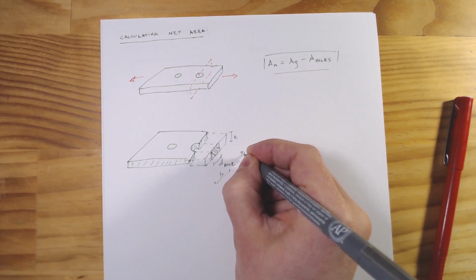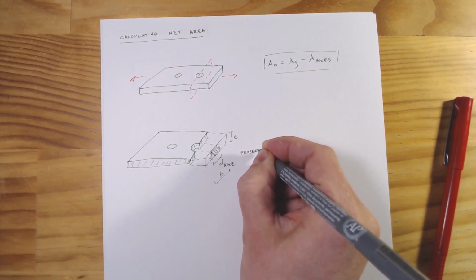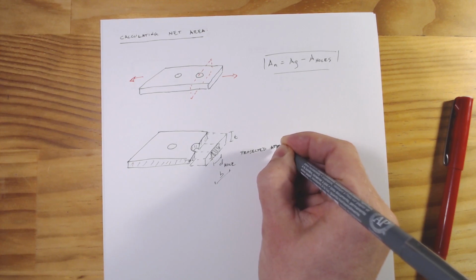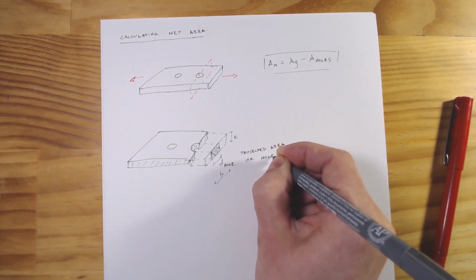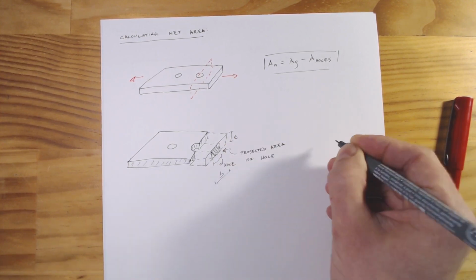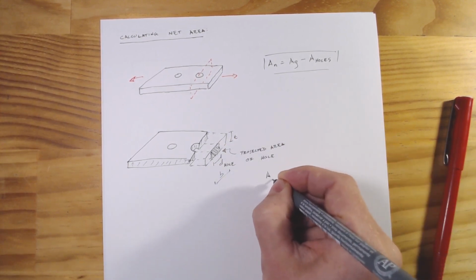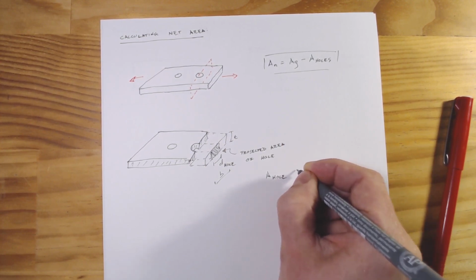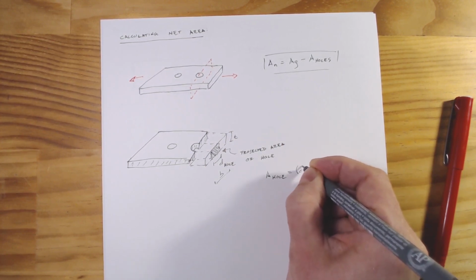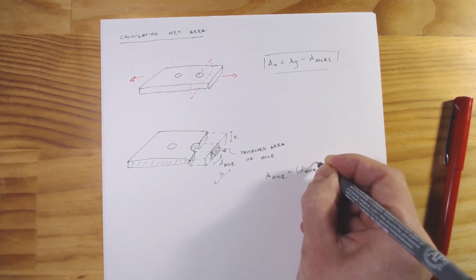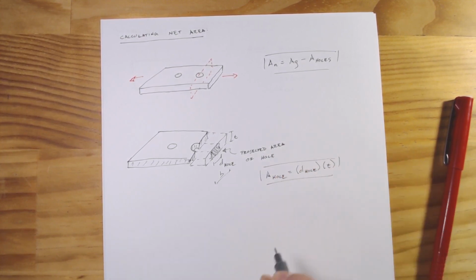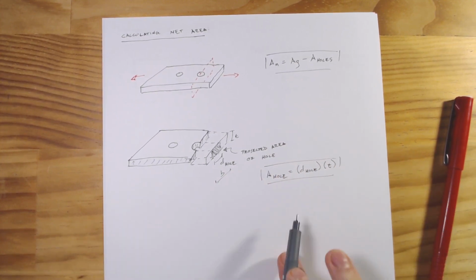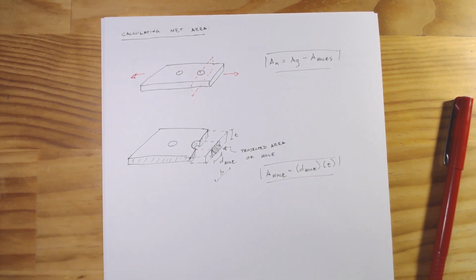So this is going to be the projected area of the hole, and the area of the hole equals the diameter of the hole times the thickness of the plate. If we've got more than one hole in a line, it's just times the number of holes. Or if we've got different size holes, we can account for that in the same manner.